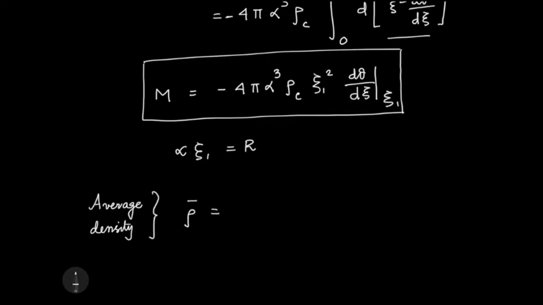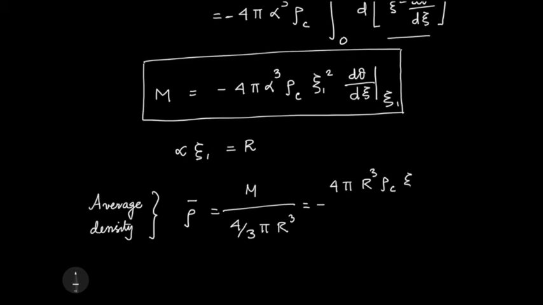Average density I call rho bar. This is simply mass by 4/3 pi r cube. So let us write m in terms of r first in the numerator. So I will have 4 pi alpha cube, which is r cube by xi1 cube, which I will write shortly, rho c, and this is xi1 square.